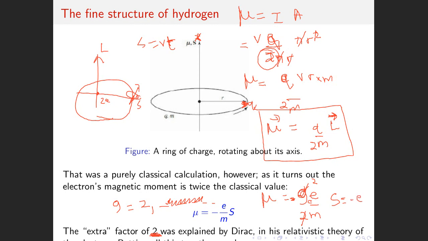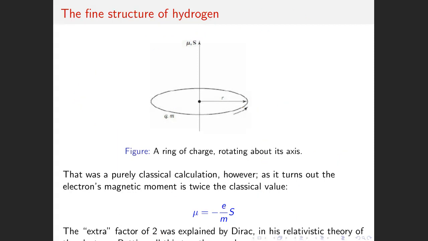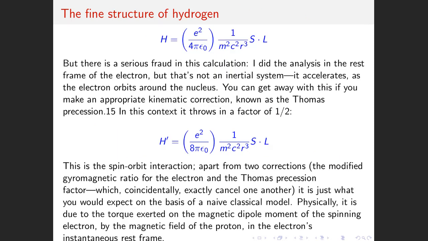This is just given by minus e over m, times S. Then you can plug everything in, and this comes from taking derivatives, dV over dr, right? So we are left with this L term. This is sometimes called the Russell-Saunders coupling term, but I'll just call it spin-orbit coupling.